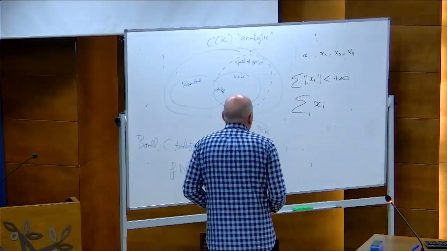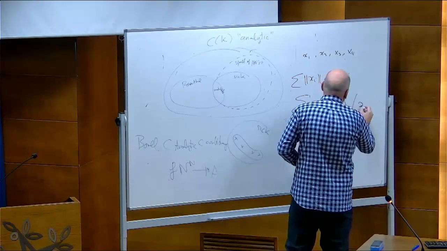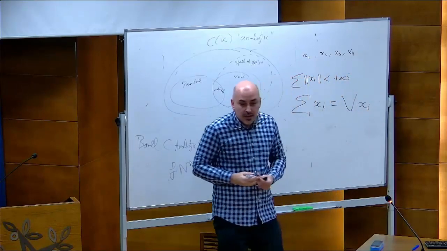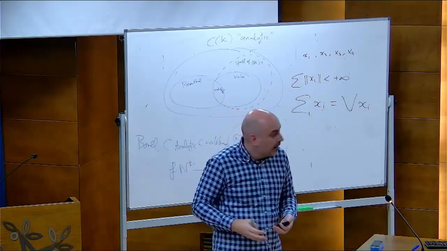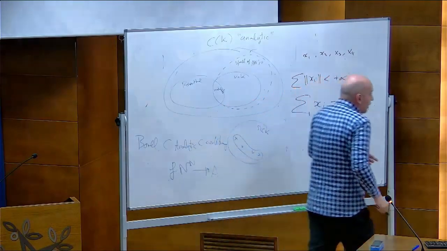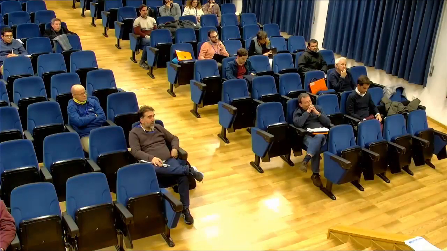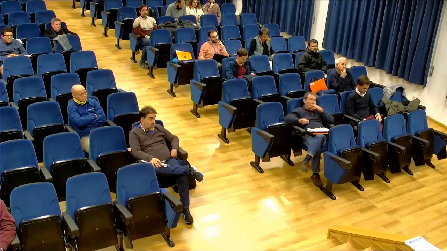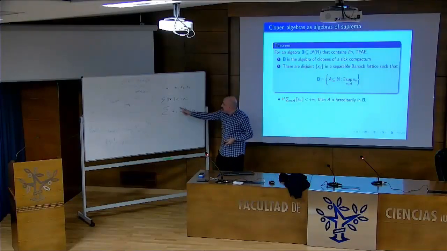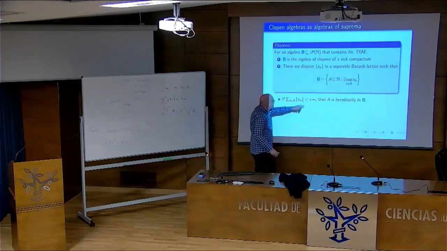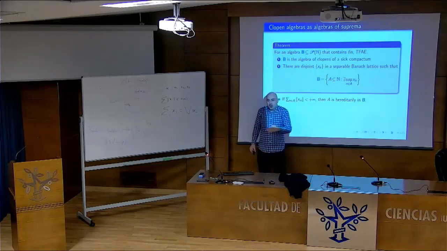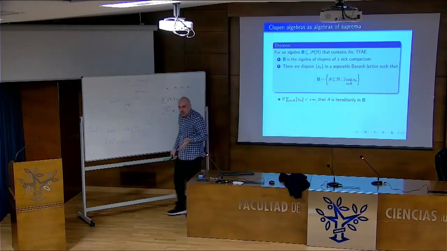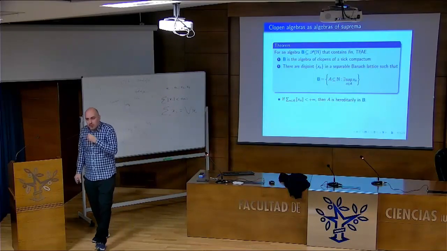But actually, if these are disjoint vectors, this is the same as the supremum of the vectors in a Banach lattice. So in this sequence they will have some norms, and if I take a subsequence of summable norms, then the supremum has to exist. So this means that this algebra B must contain what is called the ideal of summable sequences of the sequence of norms.